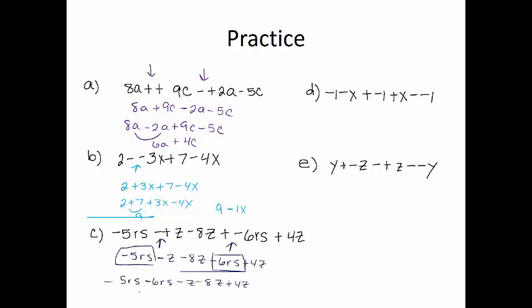So we have negative 11 RS, and 8Z take away Z is negative 9Z, and then we have 4Z. What I just did there is the same sign rule, and now we're going to do the mixed sign rule for the Z's. So we have negative 11 RS, and for the Z's we have more negatives, and how many more? Well, 9 take away 4 is 5.